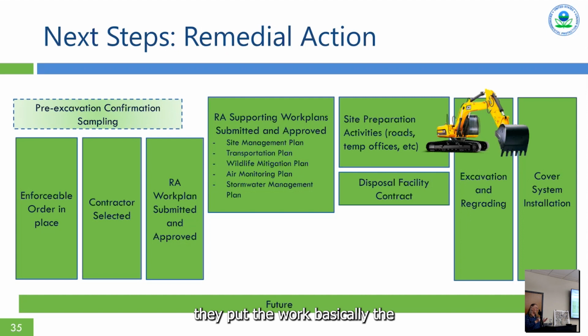The design package is put out for bids, and they will select a contractor based on bids they receive. And then that newly hired contractor will have to write a work plan for EPA to review how they're planning to implement that design.